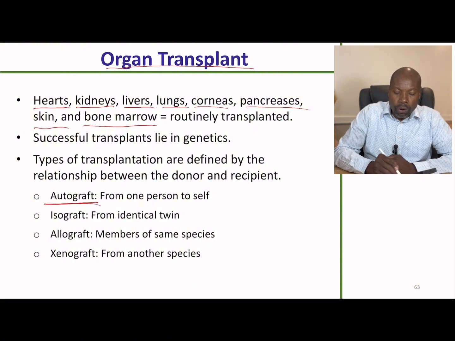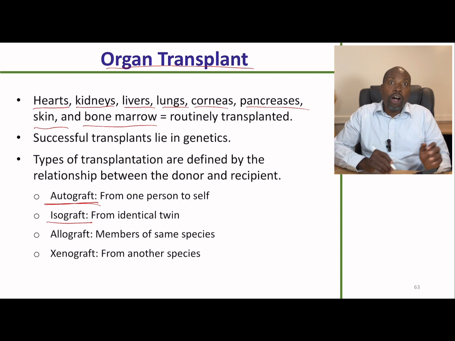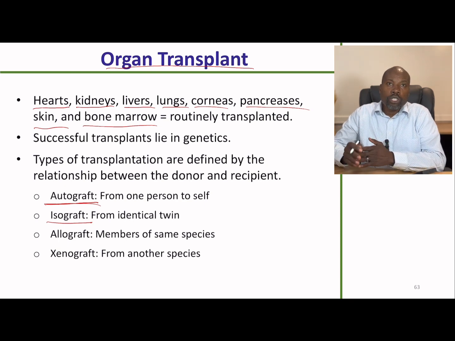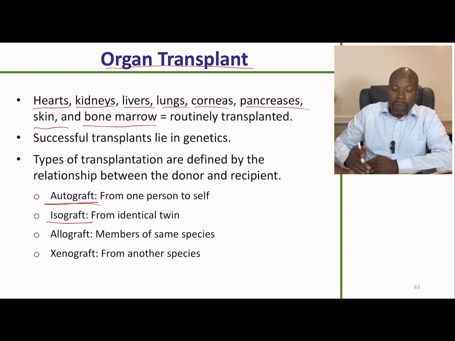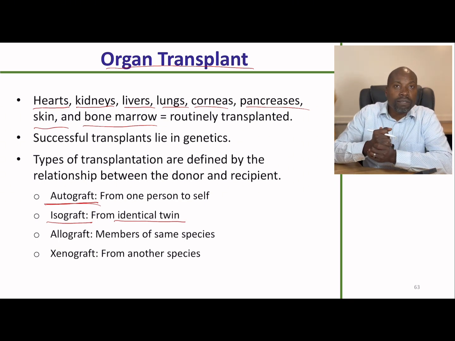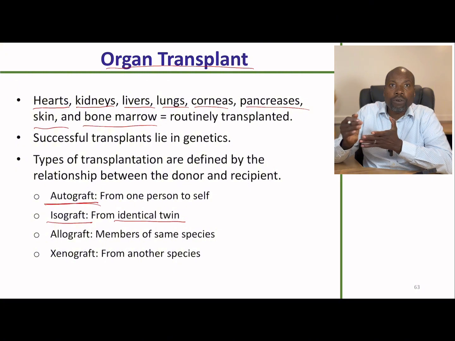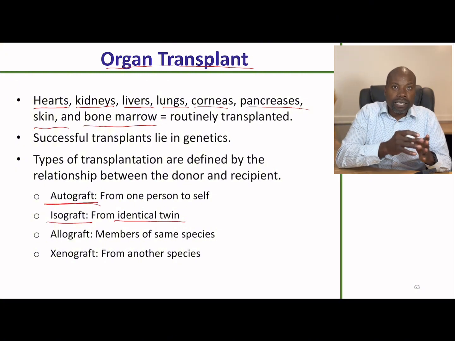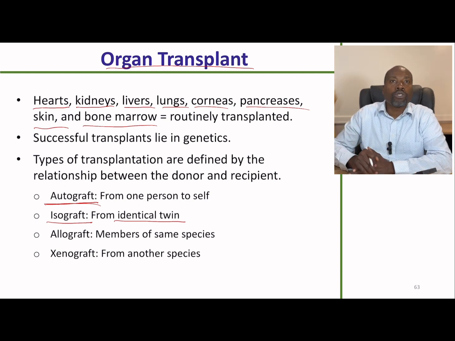That would be autograft. Then we have isograft. Isograft is basically obtaining a tissue or an organ from an identical twin. Now, you know that identical twins, in terms of genetics, are completely identical, right? Except the environment is going to be different.